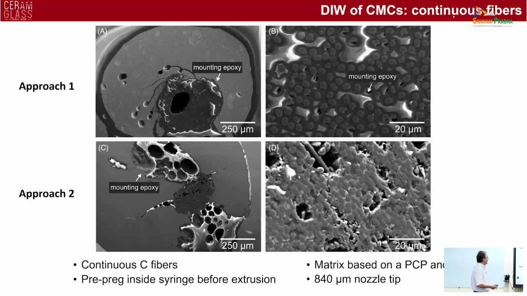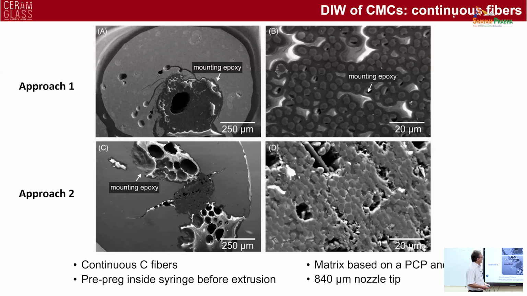Of course, we also have issues. So the light part is the mounting epoxy that infiltrated some porosity and was not possible to eliminate, and that's why you have these bright spots. But you can see some of the defects that you can have when you do this kind of printing. You can have the fiber toe that is not really placed well within the matrix, or you can have some residual porosity.